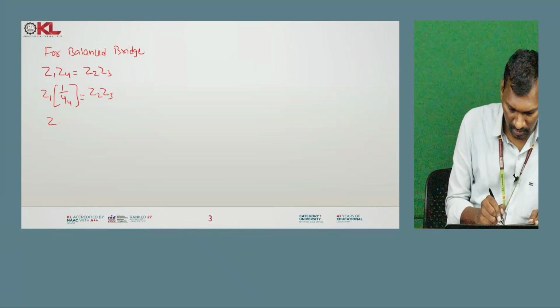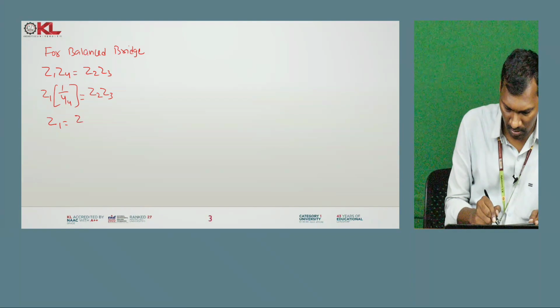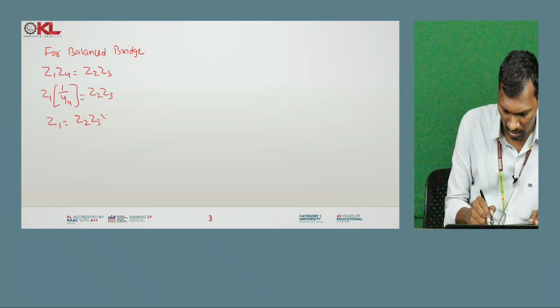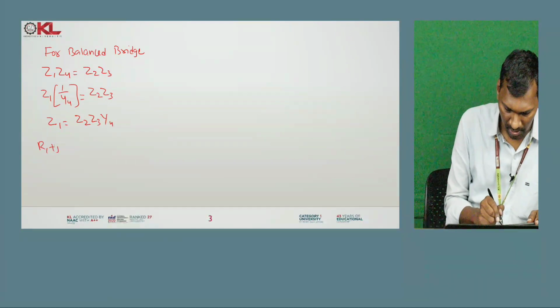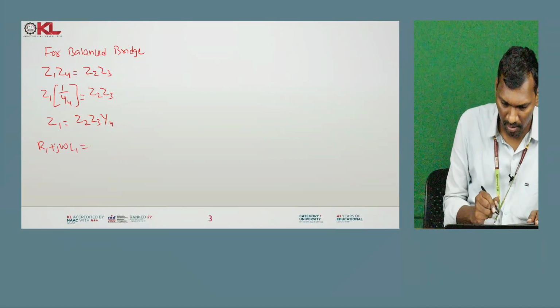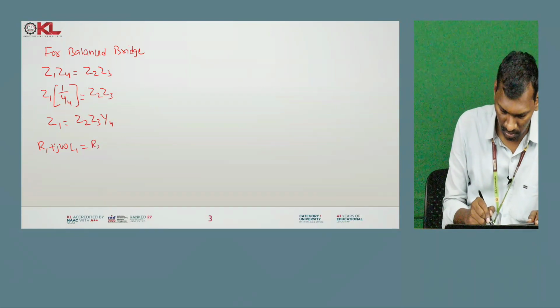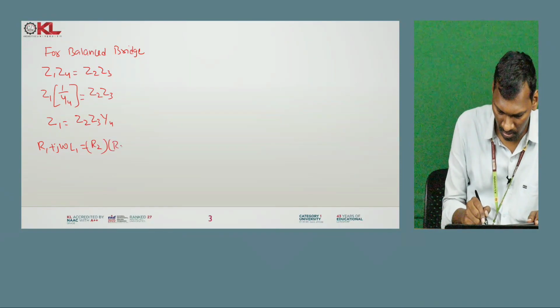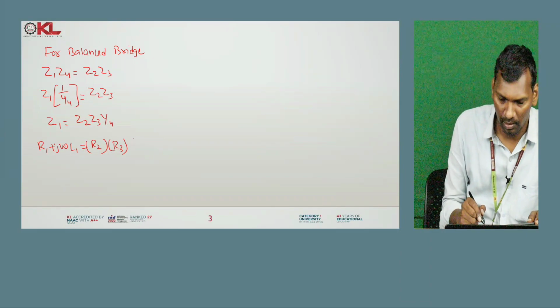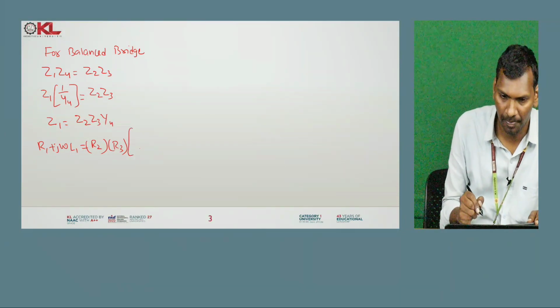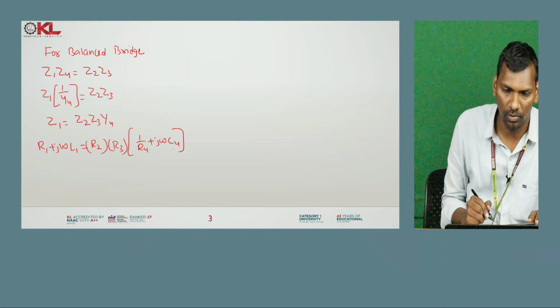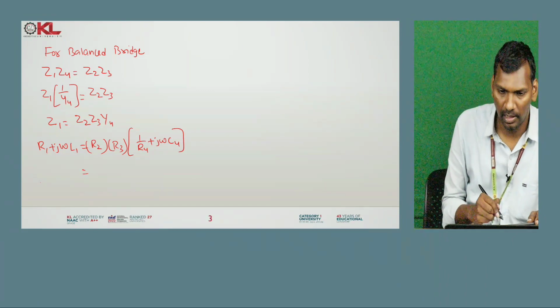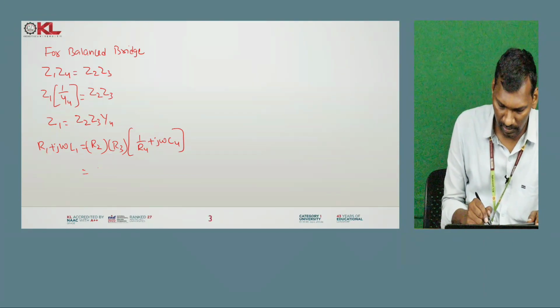Again it is simplified as Z1 is equal to Z2 Z3 Y4. Now Z1 is equal to R1 plus J omega L1, which is equal to R2 R3 into 1 by R4 plus J omega C4.